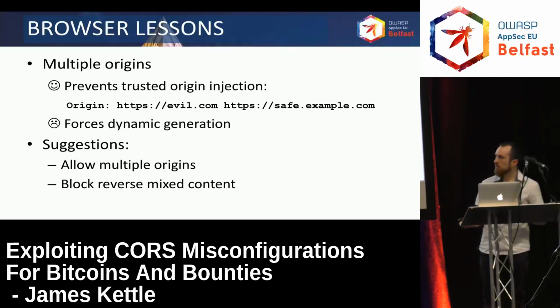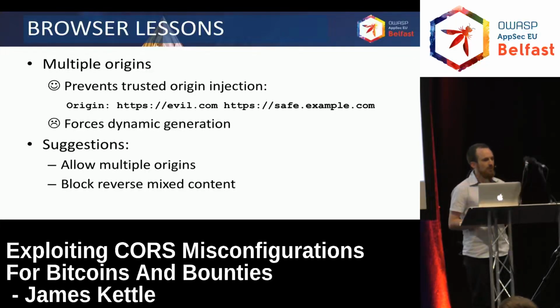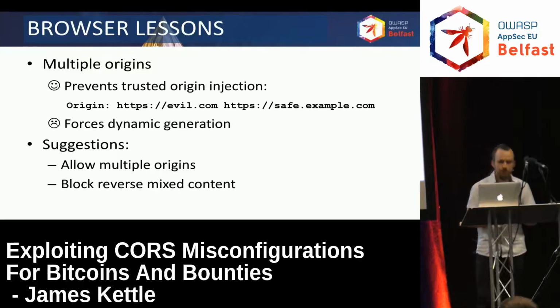As far as browsers go, I definitely think they should allow multiple origins to be specified in a static way in this header, because once again, that reduces the number of sites forced to do dynamic generation, which is risky coding, and it's often implemented in weird places like in Apache configs, rather than in actual code where it's likely to get a proper review.